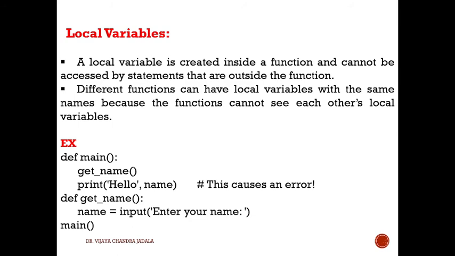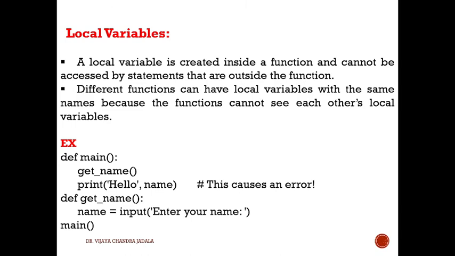After global variables, the next is the local variables. A local variable is created inside a function and cannot be accessed by statements that are outside the function. Different functions can have local variables with the same names because a function cannot see the other functions' local variables.